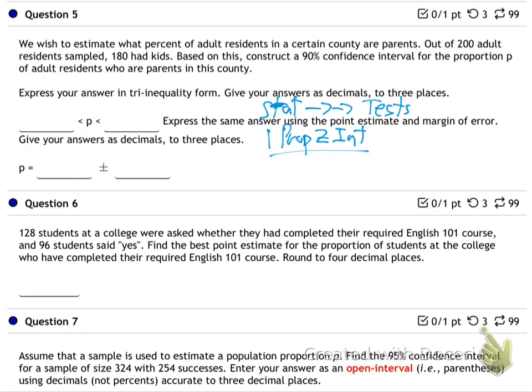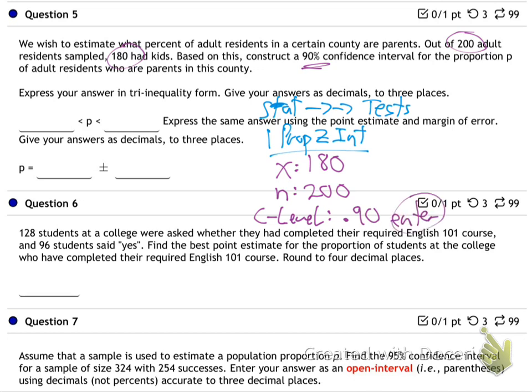And then what is your X on this one? 180. 180 had kids out of, n's always the total, right? Total number. 180 out of 200 had kids. Confidence level, 90%, they said. 0.90, hit enter, and it'll crank it out for you.